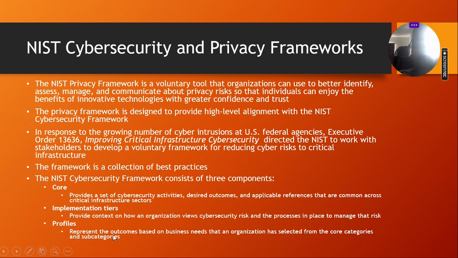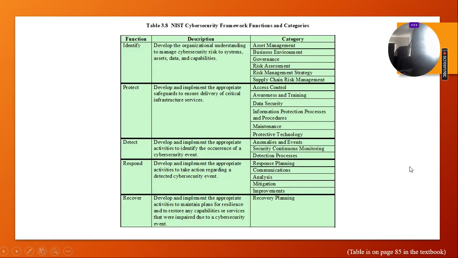The profiles represent the outcome based on the business need that the organization has selected from the core categories and the subcategories. Okay, so these are the 3 aspects of the cybersecurity framework components and guidelines as developed by the NIST.